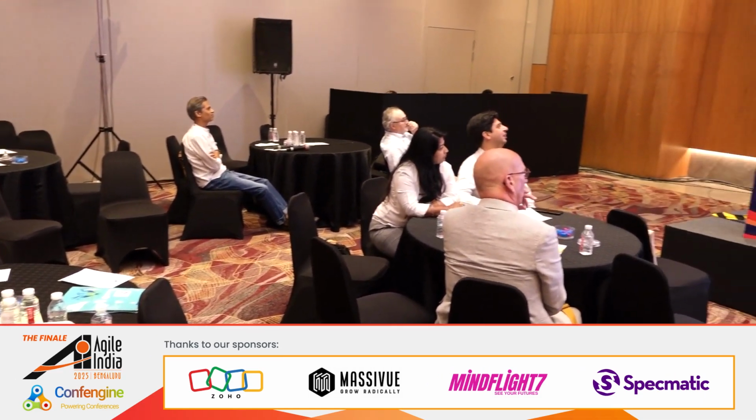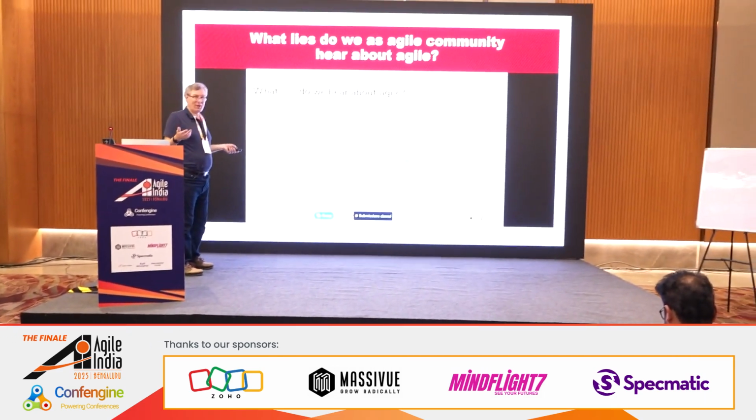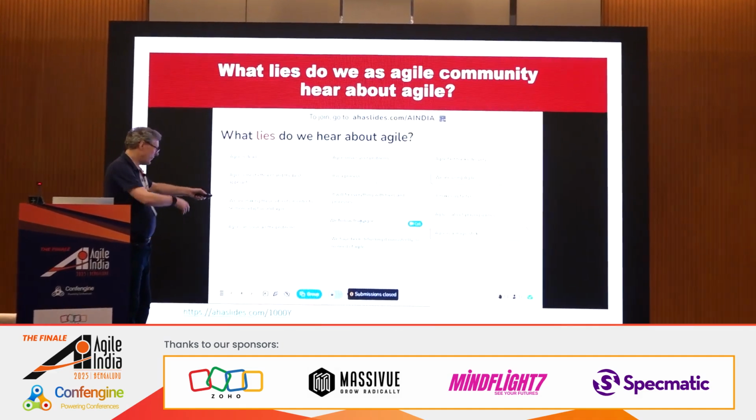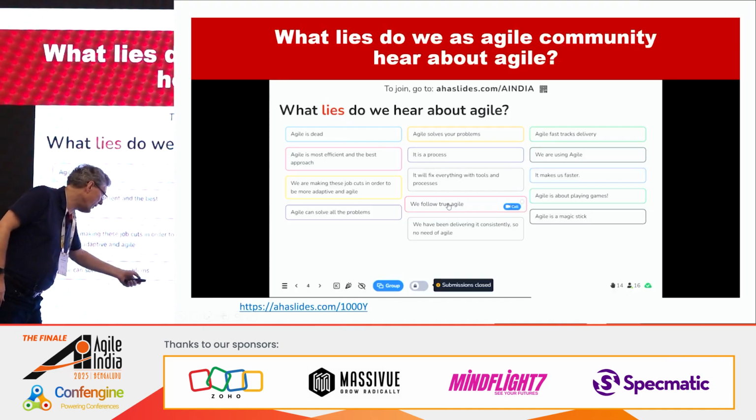There we go. Wow, there's a good one. Agile is dead. Well, I just told you it wasn't, right? I had real data, right? Excellent. Let's stop talking about Agile being dead, because then it might become a self-fulfilling prophecy. And it's a process. Loads of stuff, right? We follow true Agile.